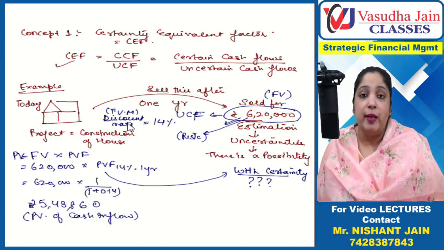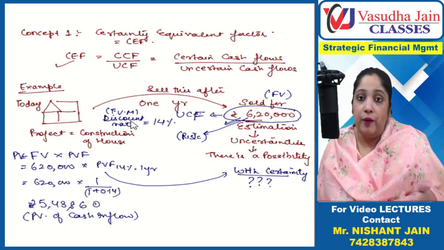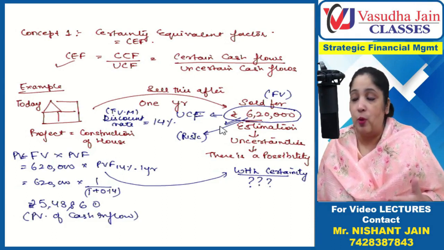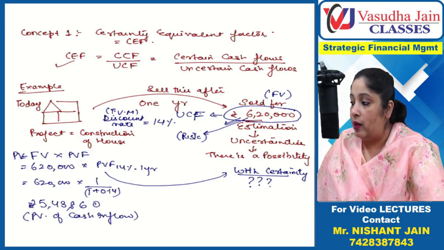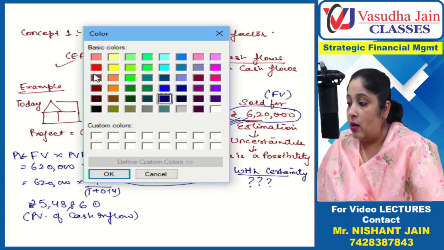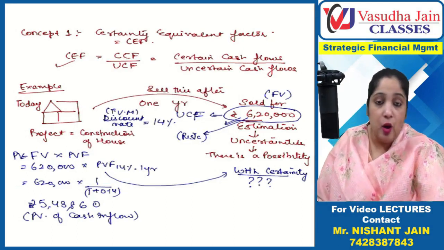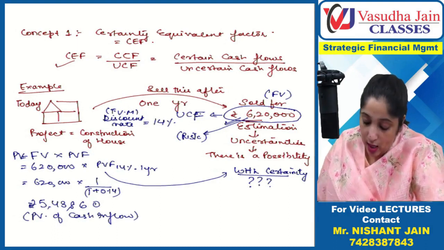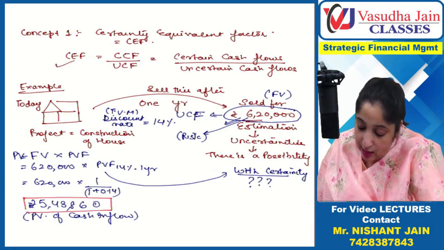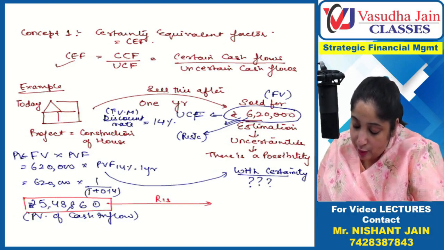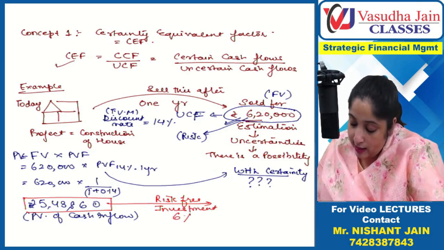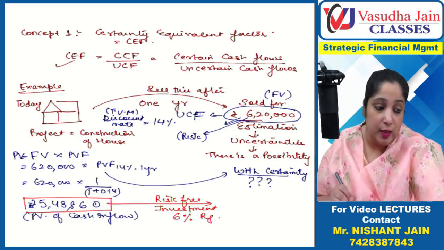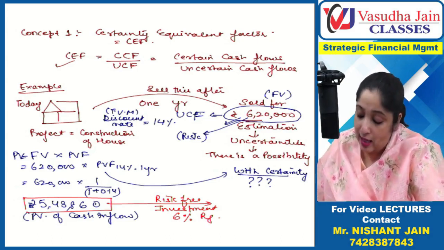Now this time value of money includes inflation, the real rate of return, as well as the risk involved in this proposal, the risk premium. Now if I say that the risk-free rate of return, please understand, if instead of constructing this house I would have invested this money in a risk-free investment, and let us say the risk-free rate of return is 6%, then how much money should I get after 1 year?